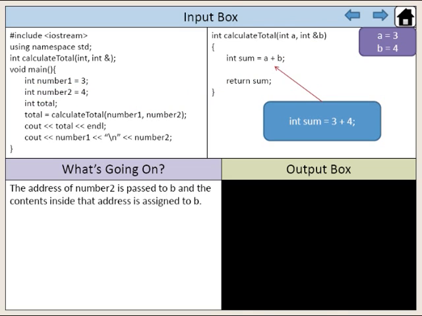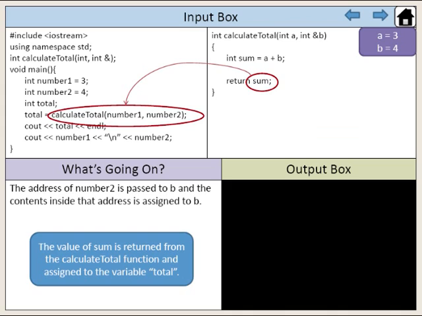We now assign the value of A plus B to the variable sum. The value of sum is returned from the calculate total function and assigned to the variable total.